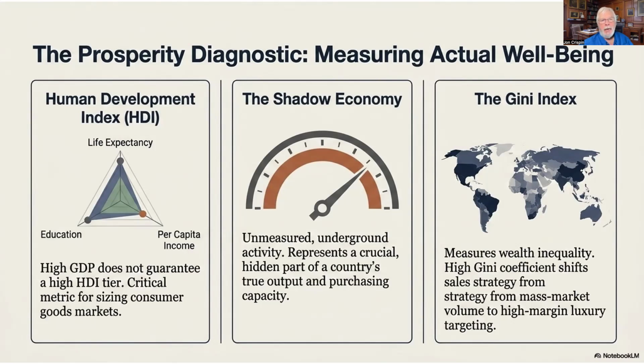Next is the shadow economy. This is really a driver of what happens in an economy. It's unmeasured underground activity. This takes place in a number of countries that don't have a well-defined labor structure. The United States has a very low shadow economy, and somebody like Bulgaria has one of the highest in the world.